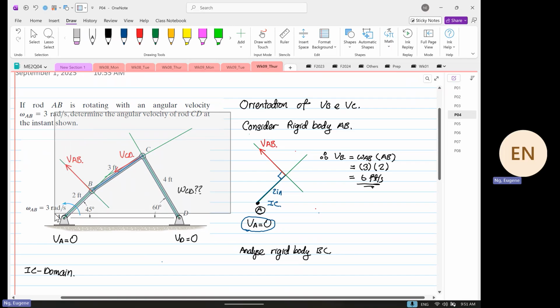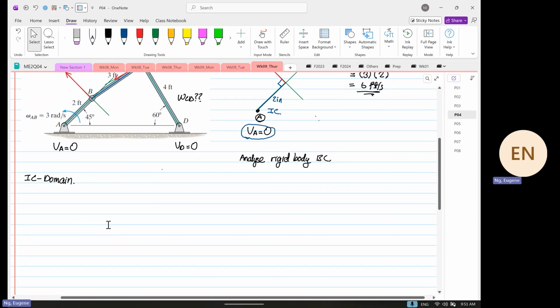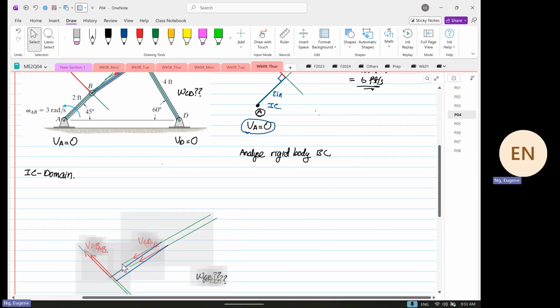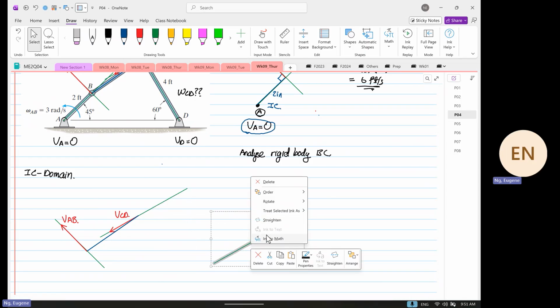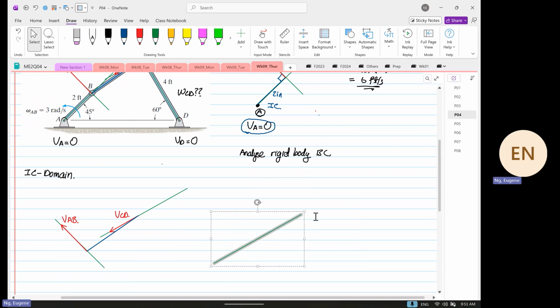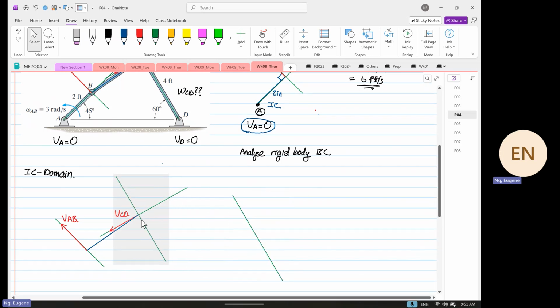So I'm going to now take this, and I'm going to paste over here now. And I'm going to have this, and then I'm going to rotate by 90. Then another thing that's missing is this.